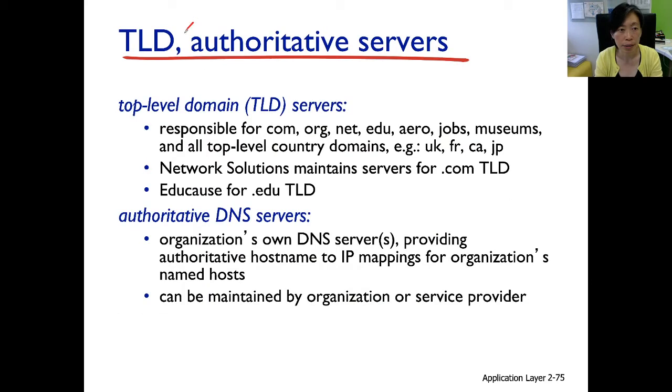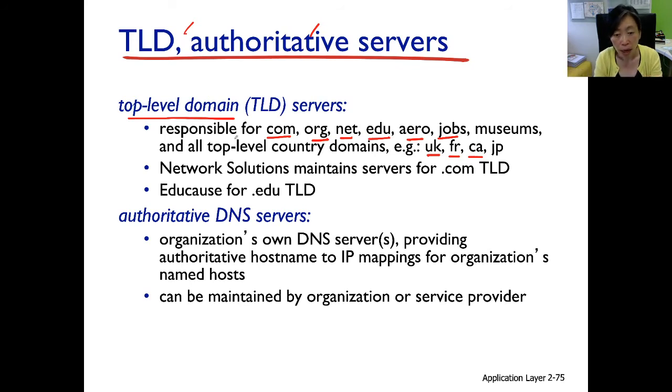Next, the second and the third level DNS servers. At the second level, we have a bunch of these TLD servers, top level domain servers. They're responsible each for a different top level domain. So top level country domains as well, UK, FR, CA, etc. So essentially this is the last part of the host name there.